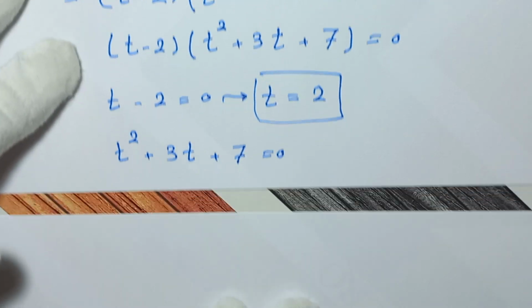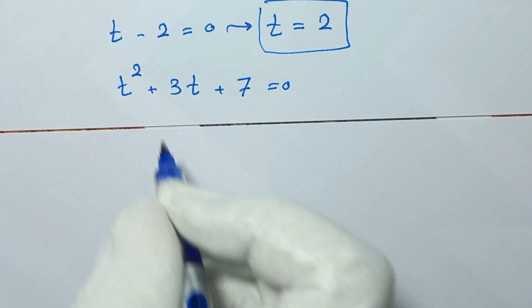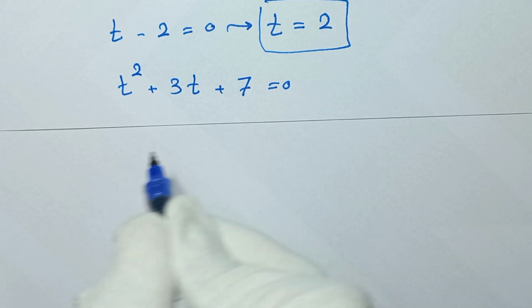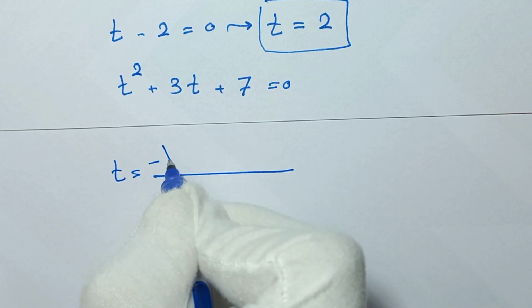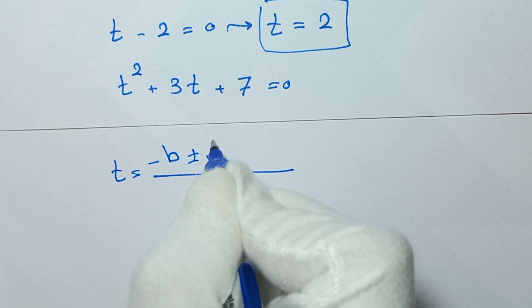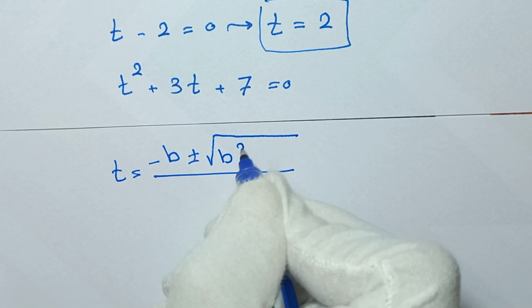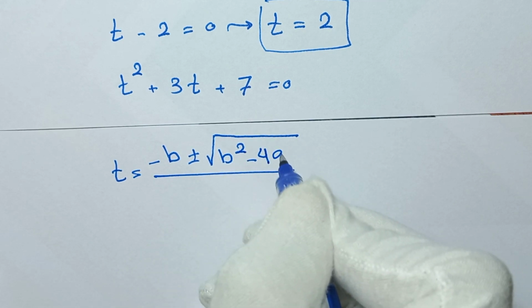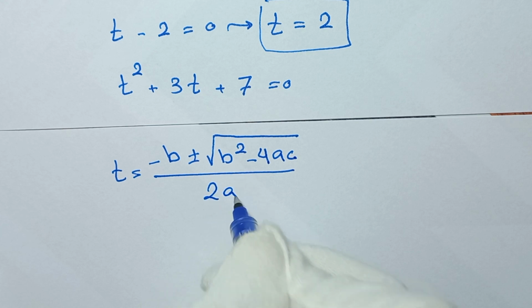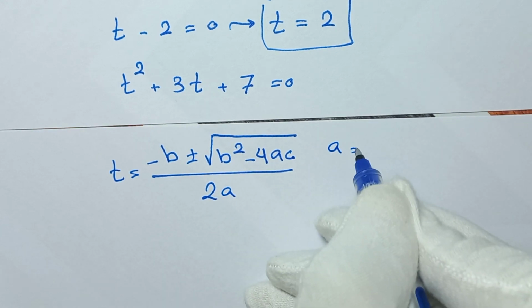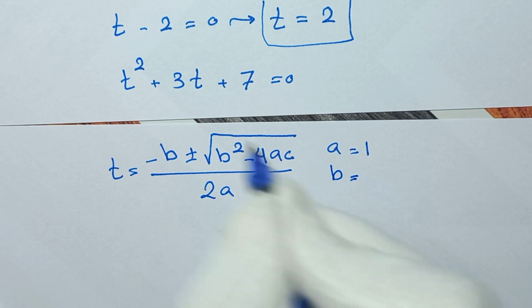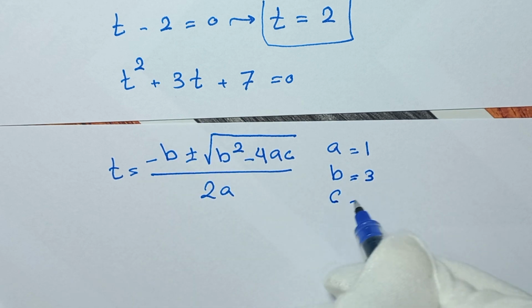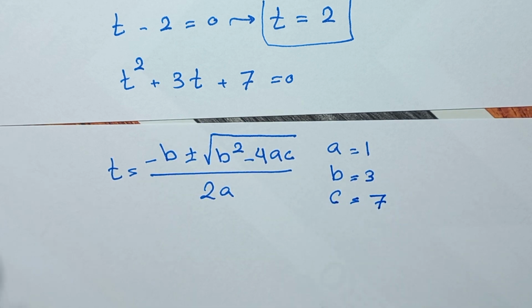So in here we have a quadratic equation, and we use the quadratic formula, which is t is equal to negative b plus or minus square root of b squared minus 4ac over 2a, where a is the coefficient of t squared, which is 1, b is the coefficient of t, which is 3, and c is the constant, which is 7.